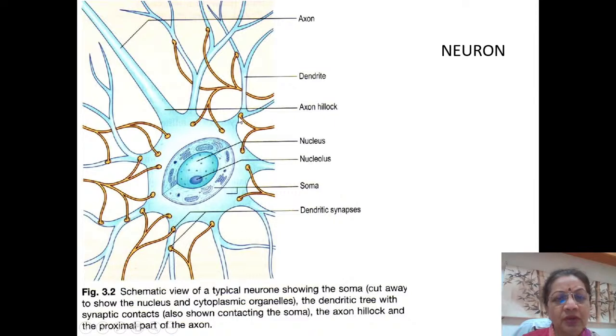Most of them are cellular processes called dendrites. It's a specific name we give to cellular process extensions of neurons only. We don't use this word dendrite anywhere else.